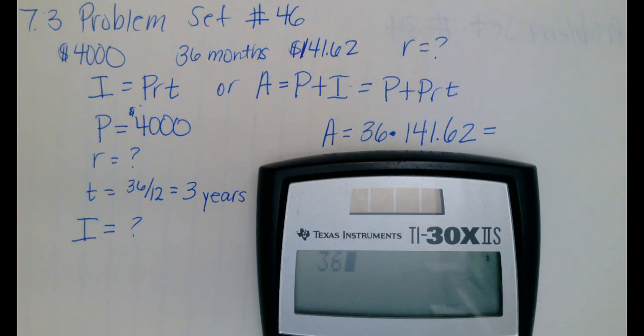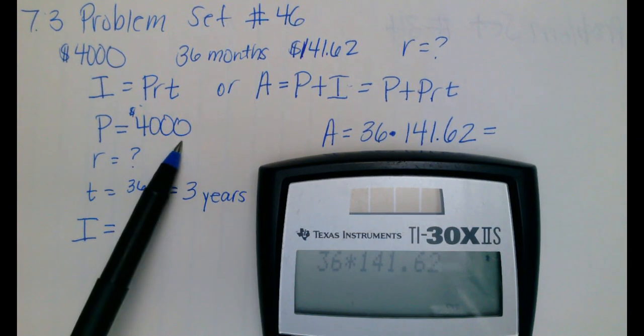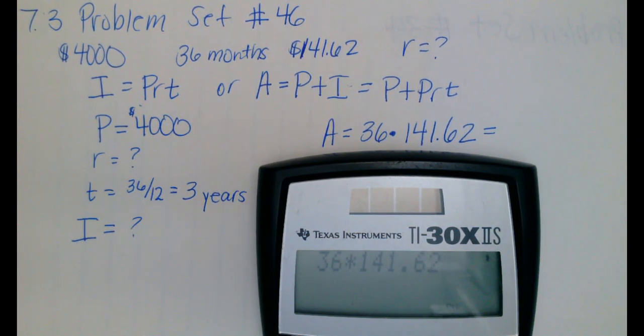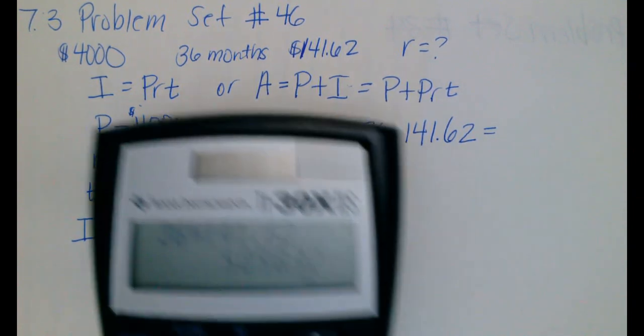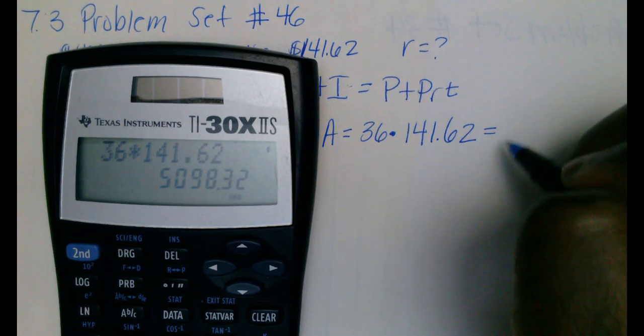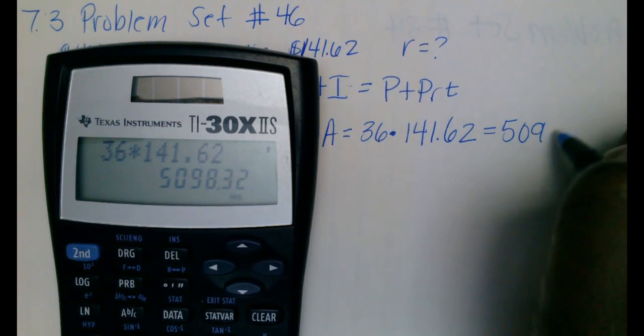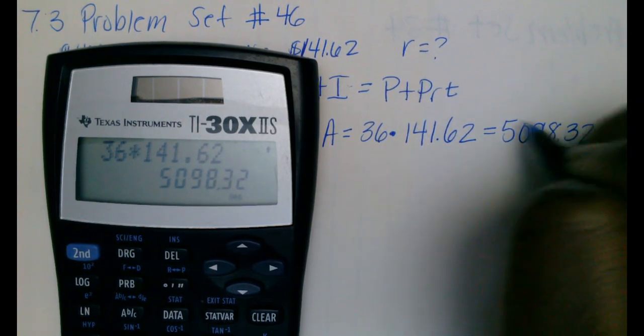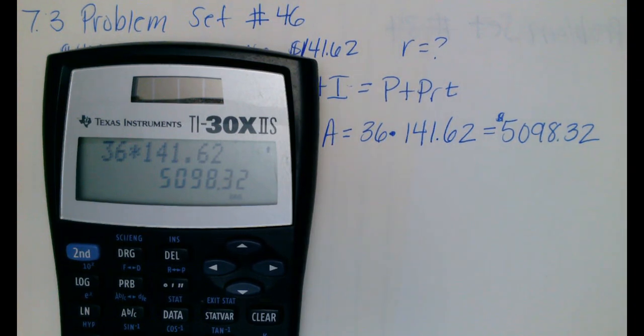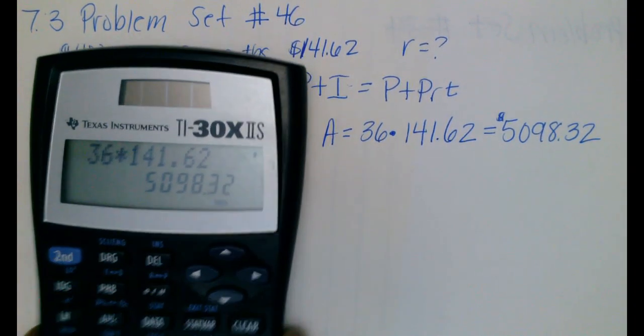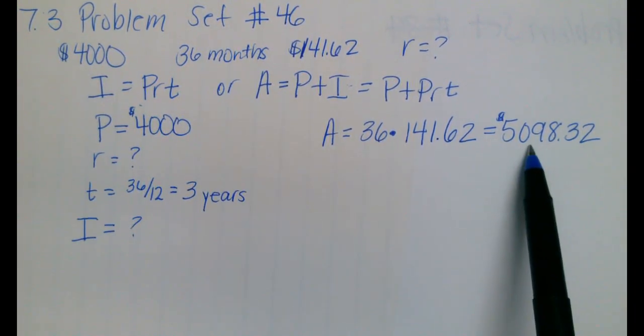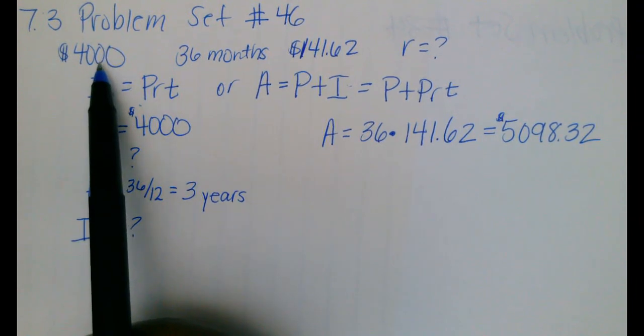Okay, so 36 times 141.62. Remember, we only borrowed $4,000, but we ended up paying them back $5,098.32. This is money, so I want to keep it in terms of money. That's how much we paid them, but that's how much we actually borrowed.